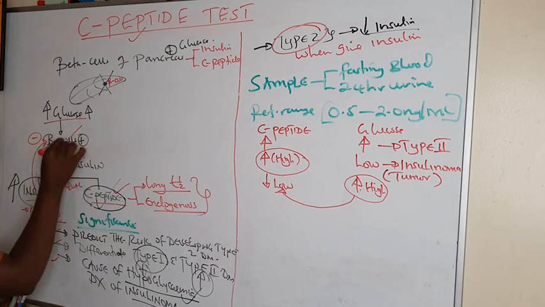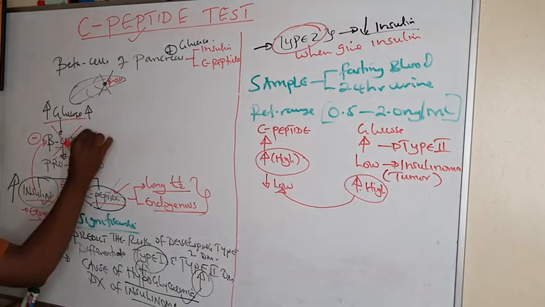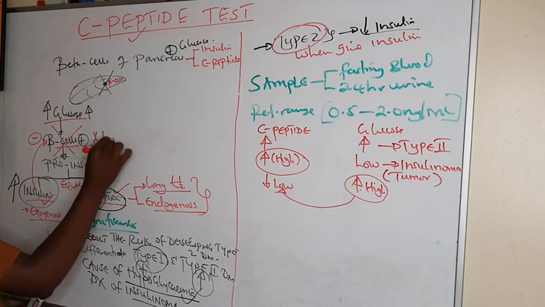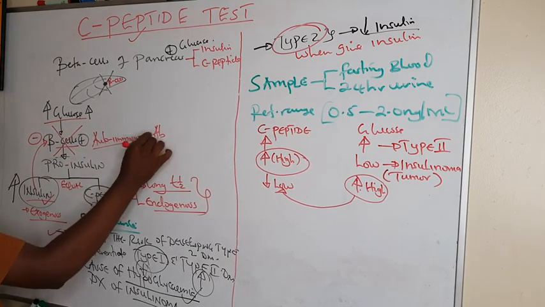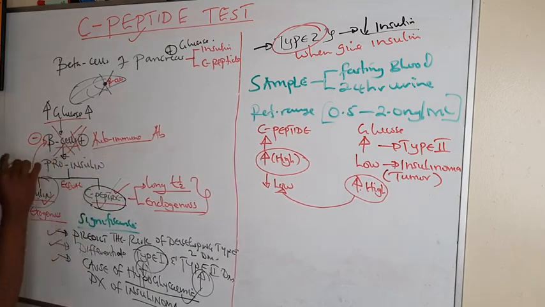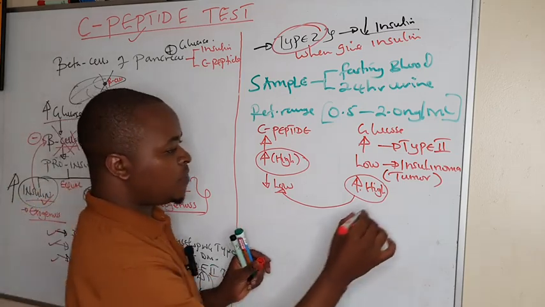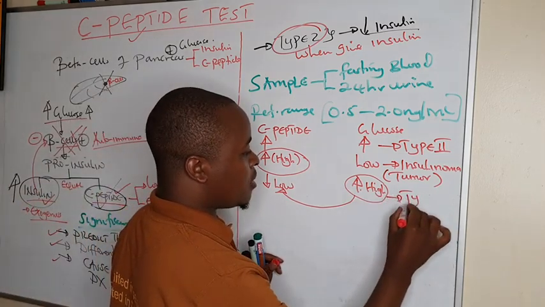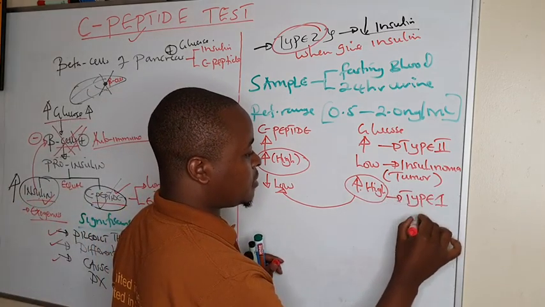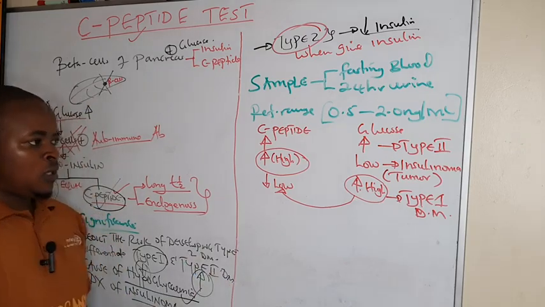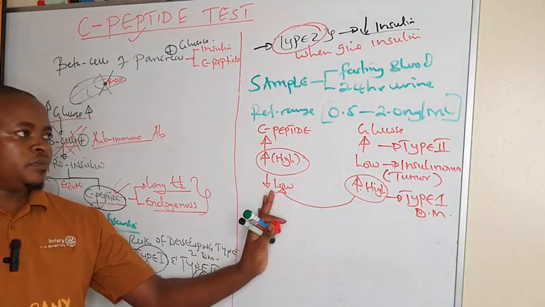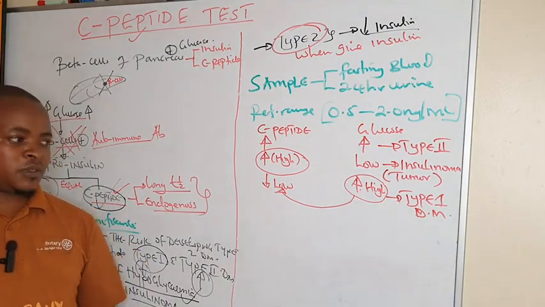It means the beta cells are destroyed by autoimmune processes, whereby there is production of autoantibodies that are destroying the beta cells. So this one can confirm type 1 diabetes mellitus. So this is how we can use them to interpret the results.